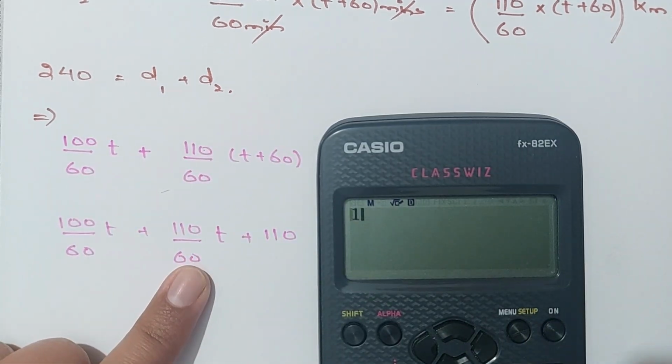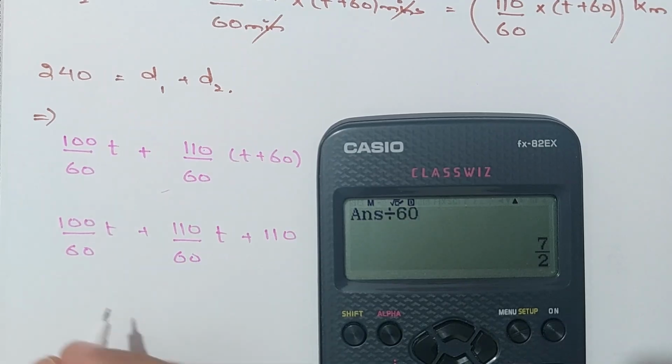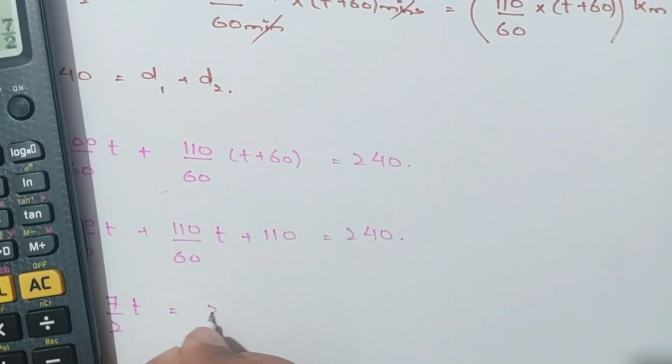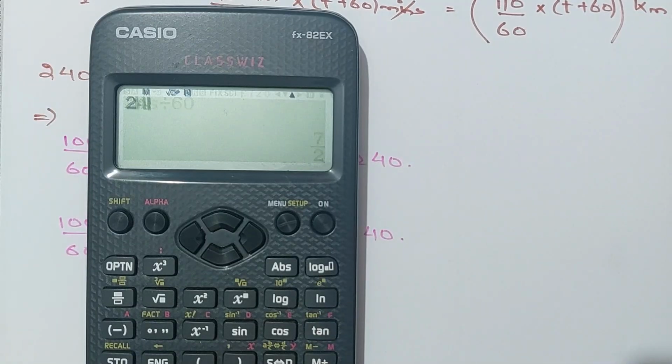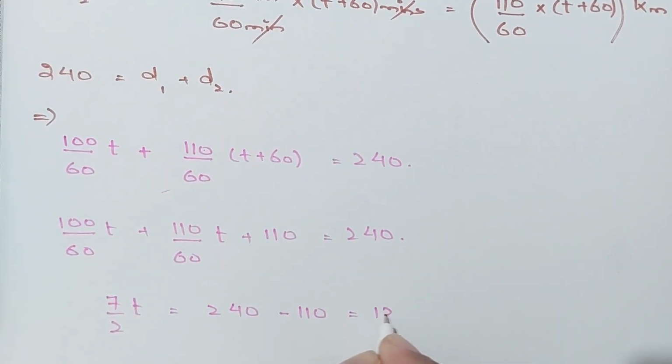The denominators are the same, so 100 plus 110 divided by 60 is 7 by 2 t. This is going to be 240 minus 110, which is 130.